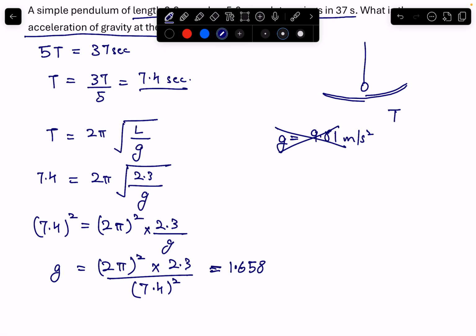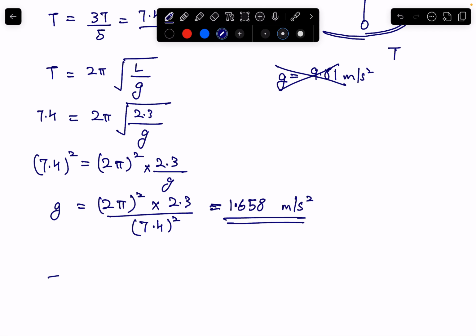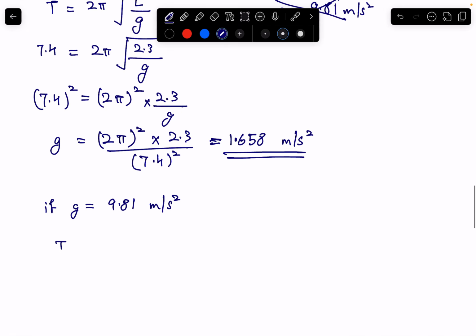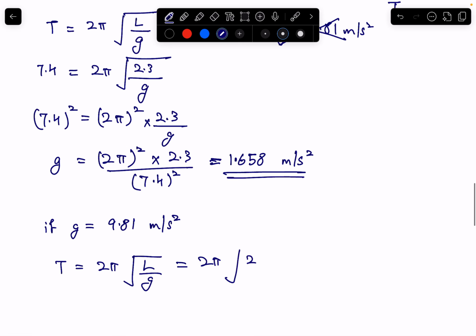Now, just as an exercise, let's see what the time period would have been if g was equal to 9.81. So the time period would have been 2 pi times the square root of L over g. L is 2.3 meters and g is 9.81, taking the square root of the answer and multiplying by 2 pi.